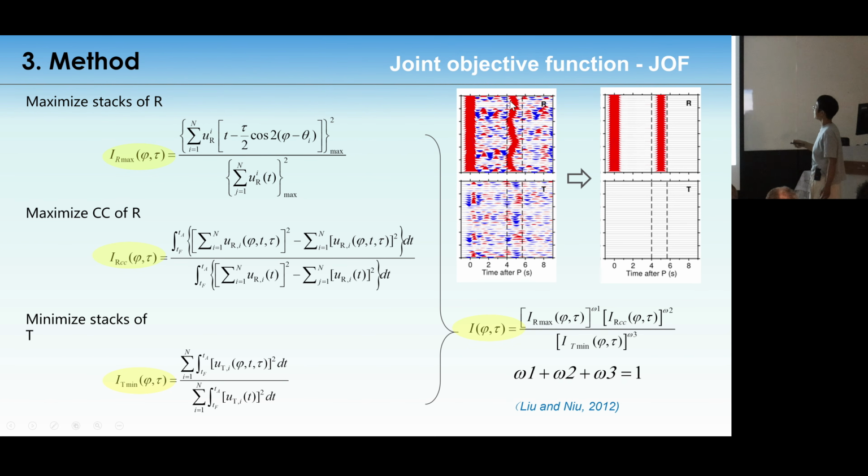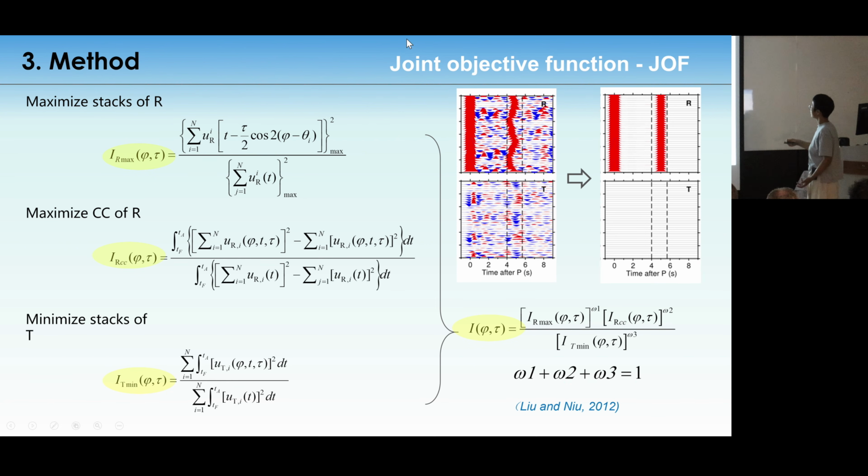The basic idea of this method is to correct the anisotropy so that the observations look like this. If we do a correct correction of the anisotropy, the corrected receiver function should look like this.